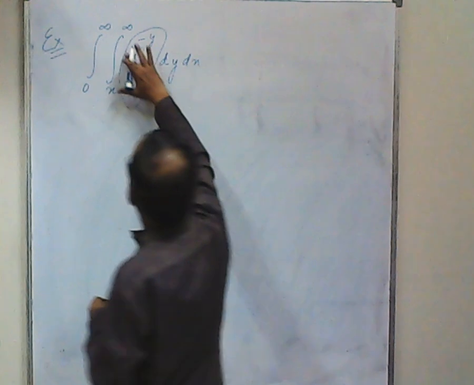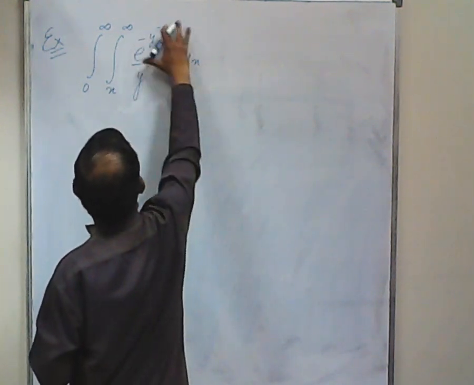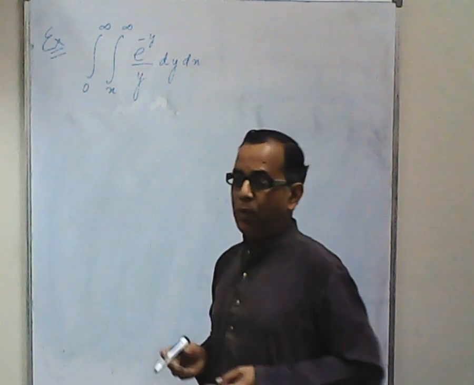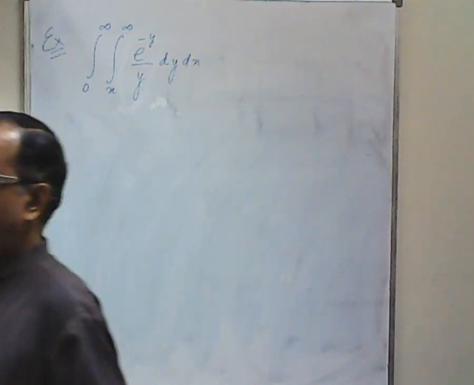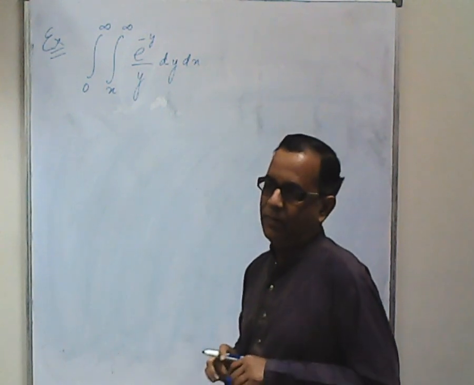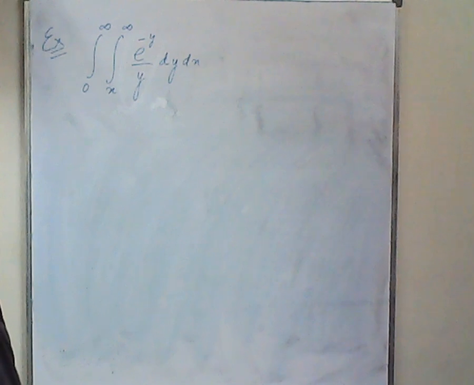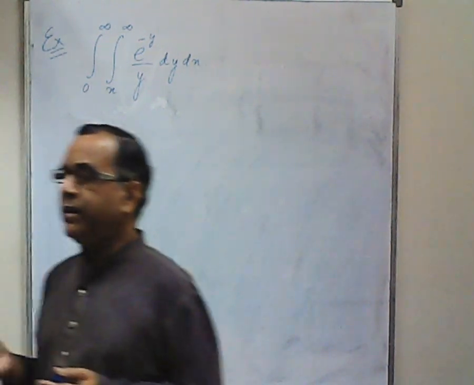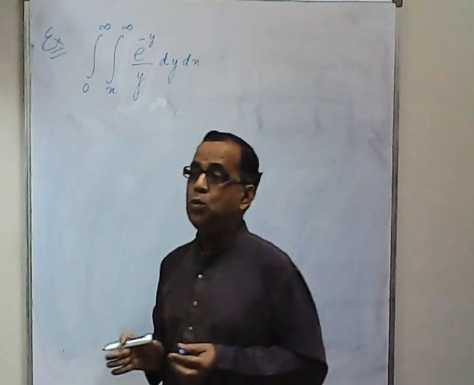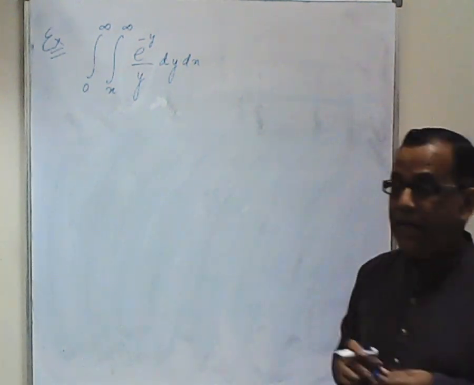So this is not appropriate, even though the hint is given; it will be almost impossible for me to integrate in this order. So if I switch the order, and integrate with respect to x first and then with respect to y, what will happen?